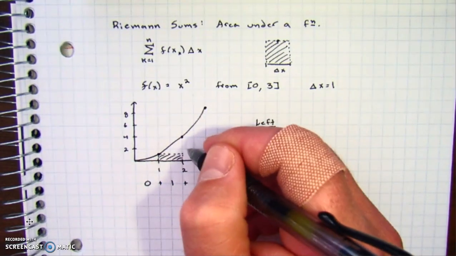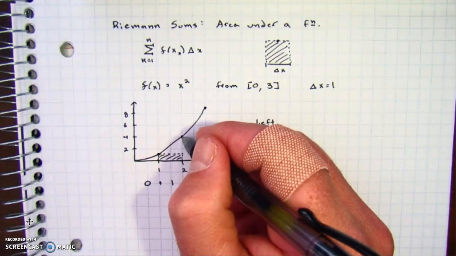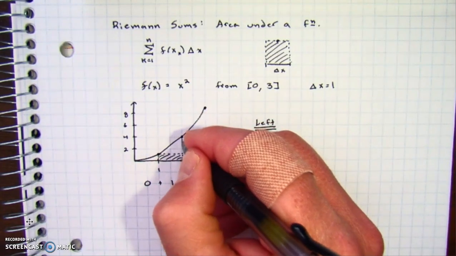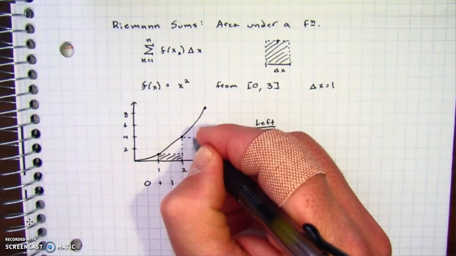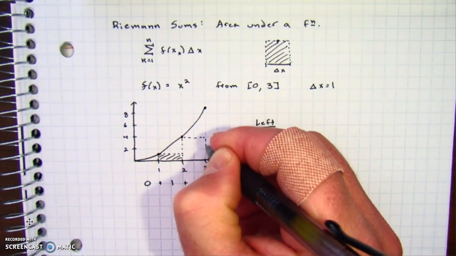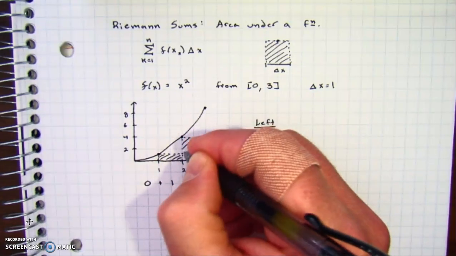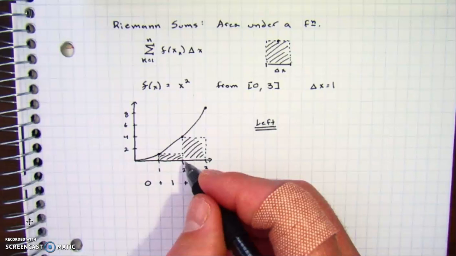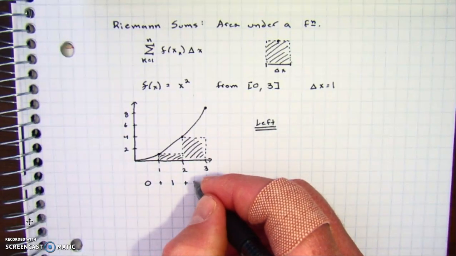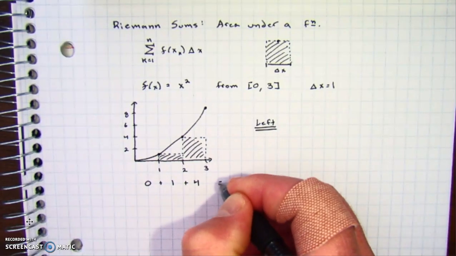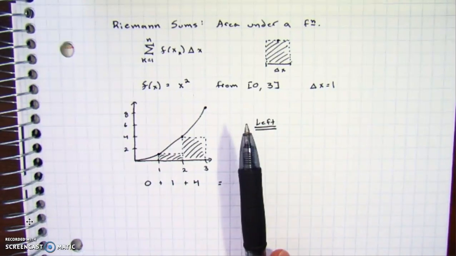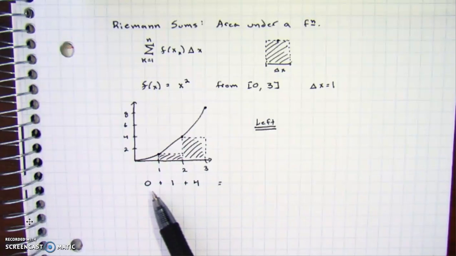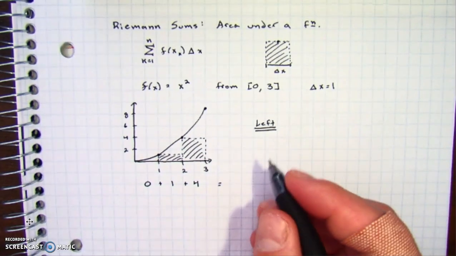At the left of the block is going to be 2 squared, which is 4. So our height is 4 and our base is 1. So 4 times 1 is just 4. So if we take the Riemann sum to the left, this is going to be 0 plus 1 plus 4, which gives us 5.